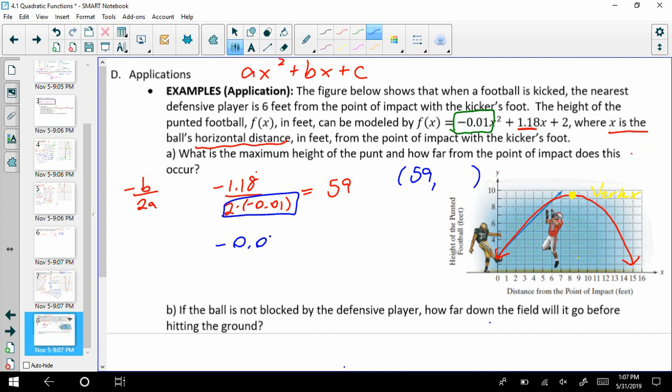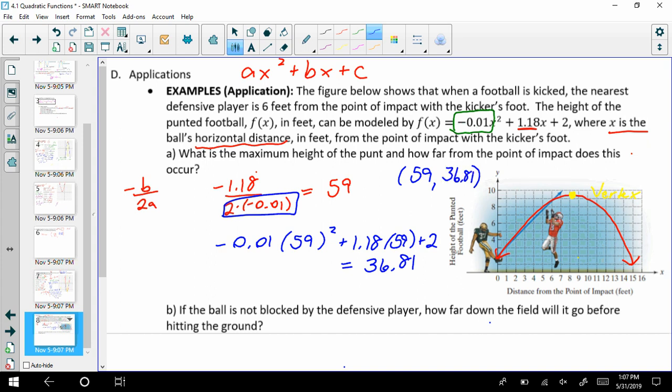So plugging it in, I want to simplify that and see what comes out. So if we enter this into our calculator, I think we have to round this. So we'll go to the hundredths place. I believe it's about 36.81.